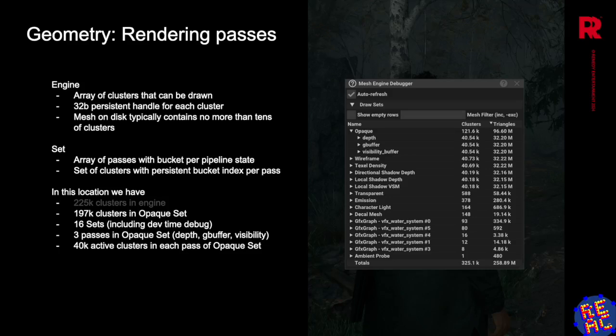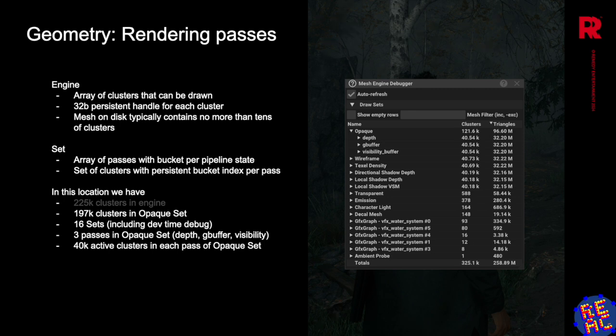Cluster set is now something that we could already use for drawing geometry. We built our first prototype for indirect drawing on top of this data. Some numbers from the location I talked about earlier. Out of the total amount of 225k clusters, almost 200k are inserted into the opaque pass. And out of these 200k, only 40,000 are active.